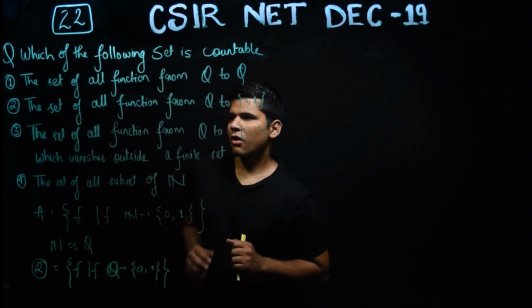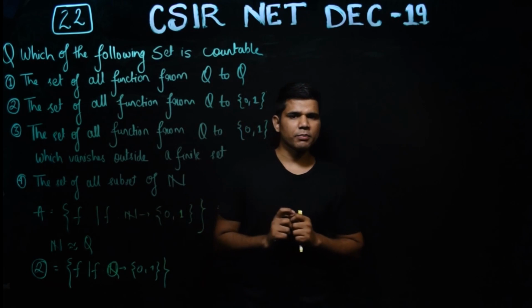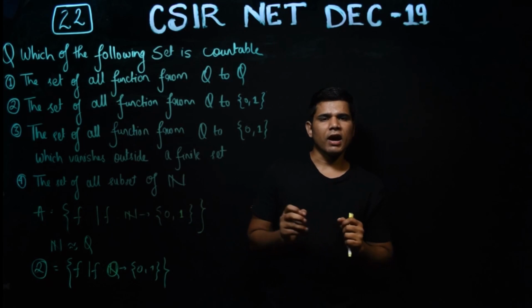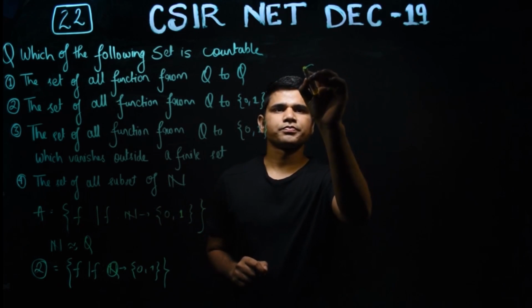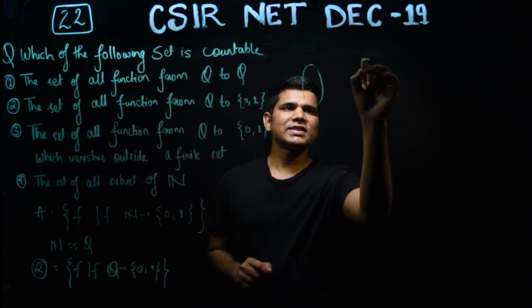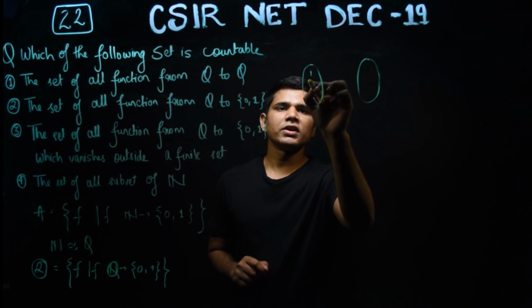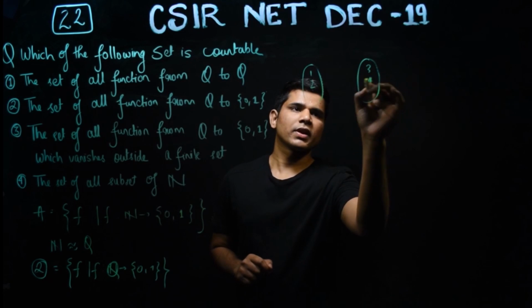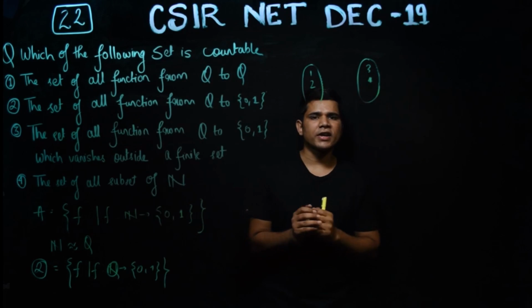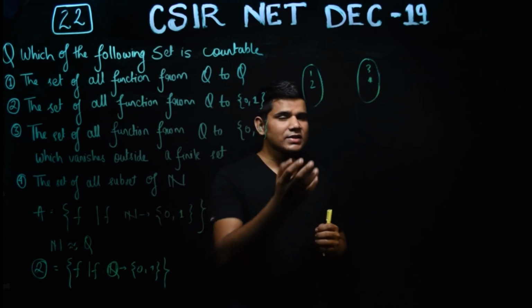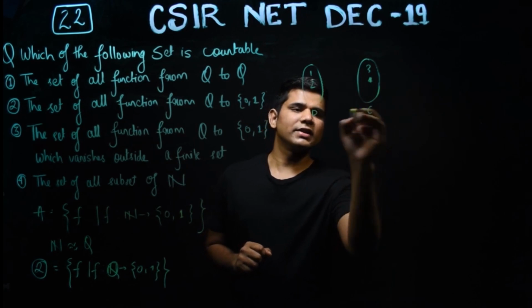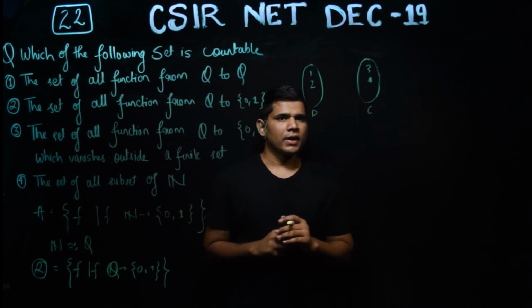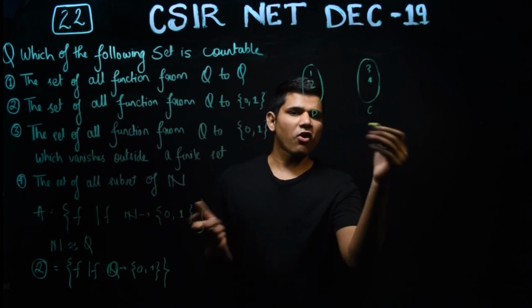Now coming to option number 1. Before that, I will just give you an example. Suppose you have a set like {1, 2, 3, 4}, and you are trying to find out how many functions can exist between these two sets. Let us say this is your domain D and this is your codomain C. What is the formula for that?